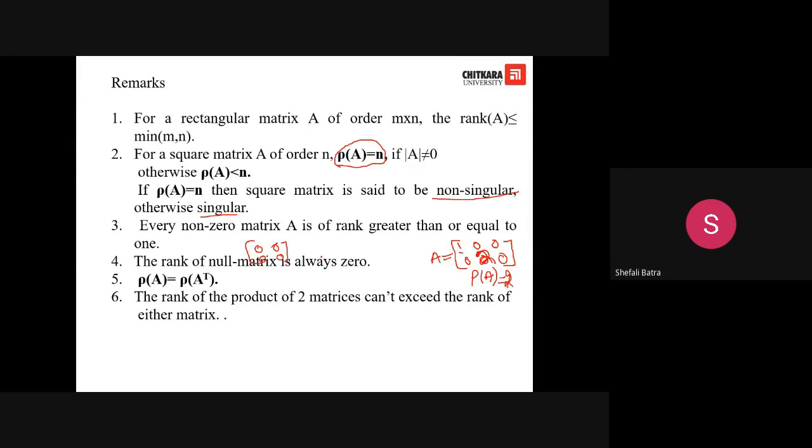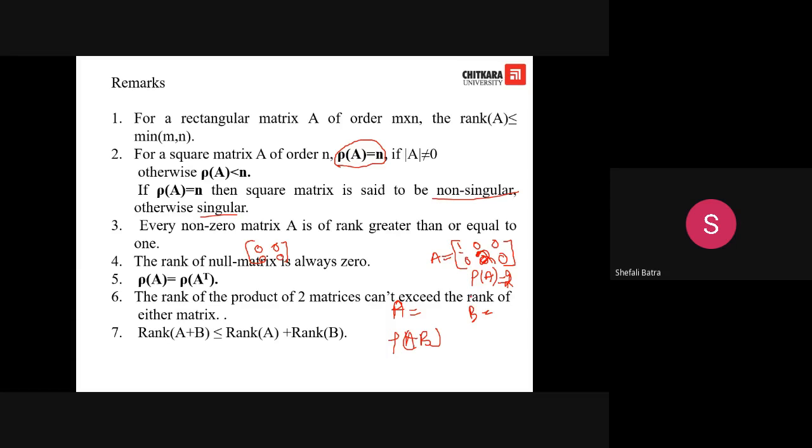The rank of the product of two matrices cannot exceed the rank of either matrix. You will have one matrix A and another matrix B. You take their product, and the rank of the product of these matrices cannot exceed the rank of either matrix, meaning it cannot be more than the rank of A or the rank of B. It will not be more than the rank of either.